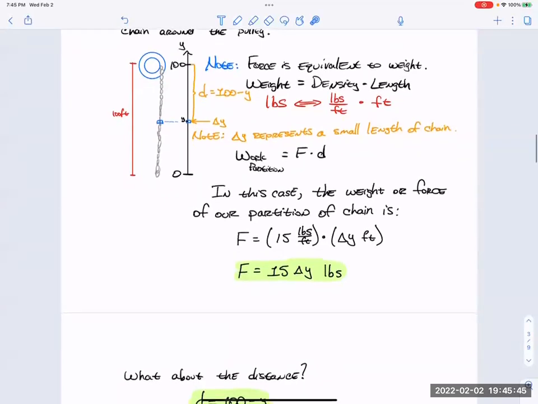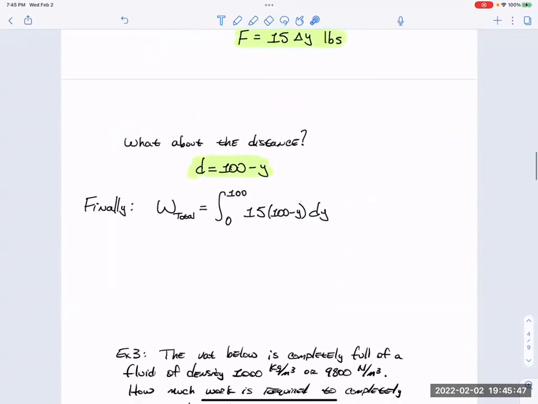All right, so now once we got that, we just integrate. Okay, so let's go ahead and do this. So the 15 is a constant, right? That's always the harder part. Then we have to integrate 100 minus y. Well, the integral of 100 is obviously 100y, and then the integral of y is y squared over 2, and this is evaluated from 0 to 100.